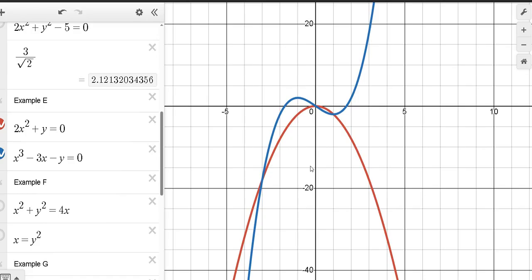So let's see. Copy down example E. We've got 2x squared plus y equals 0, and then x cubed minus 3x minus y also equals 0.